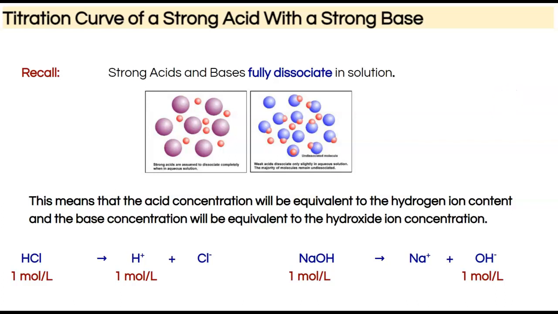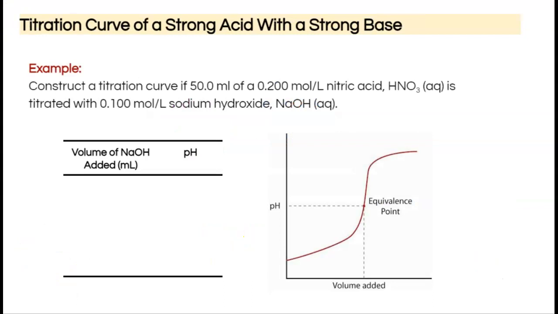Next we're going to get into an example that will help you perform calculations and construct a titration curve of your own for a strong acid titrated with a strong base. This is a pretty typical example of a task you might be assigned in senior chemistry or even first year university chemistry, which is to construct a titration curve.